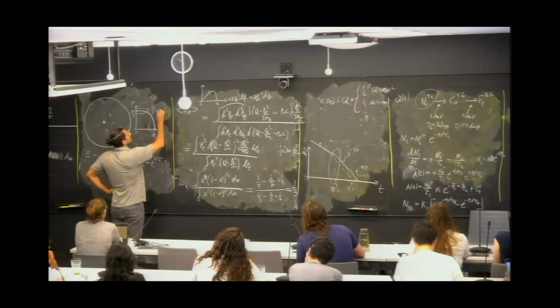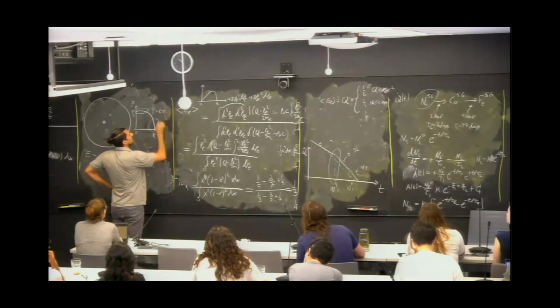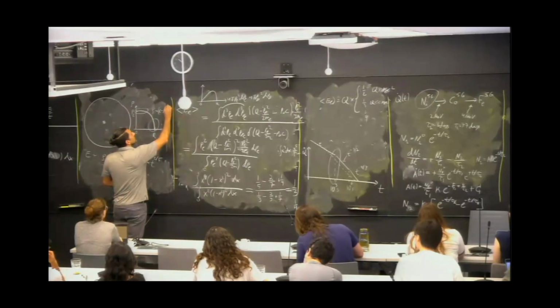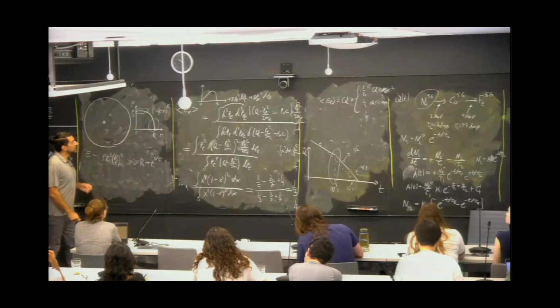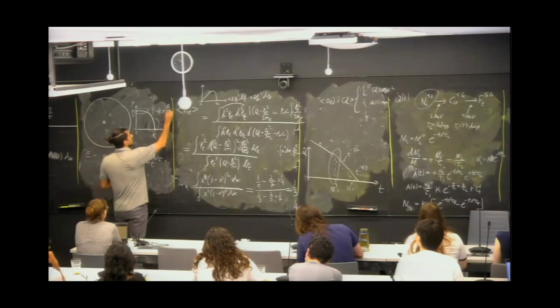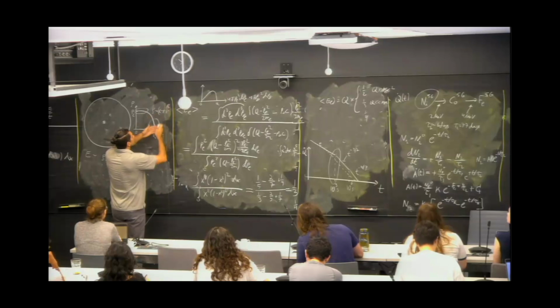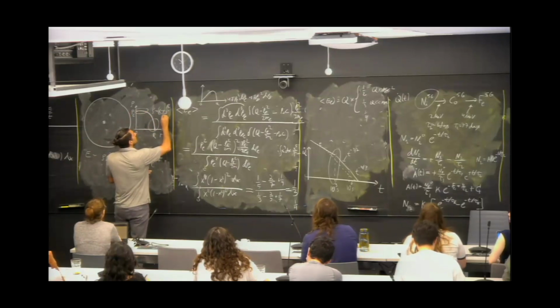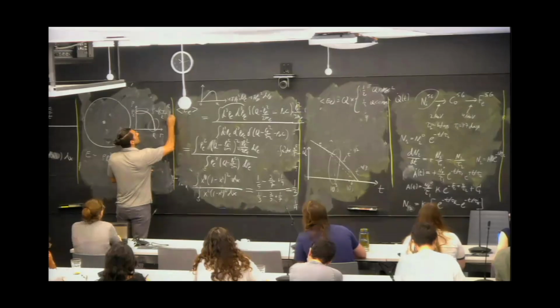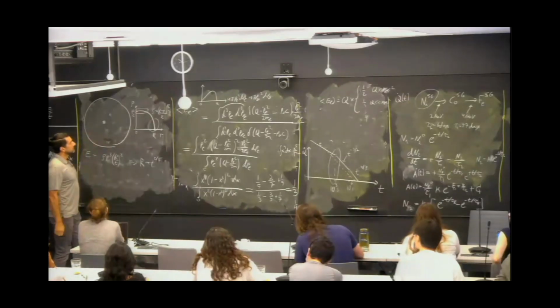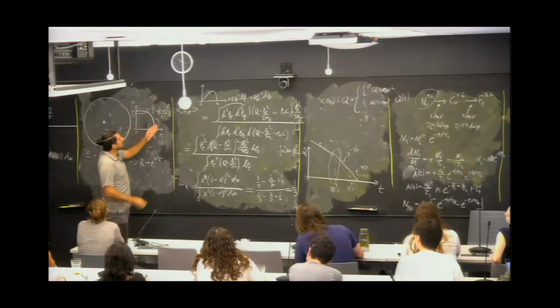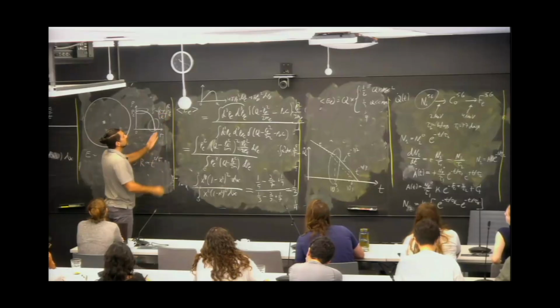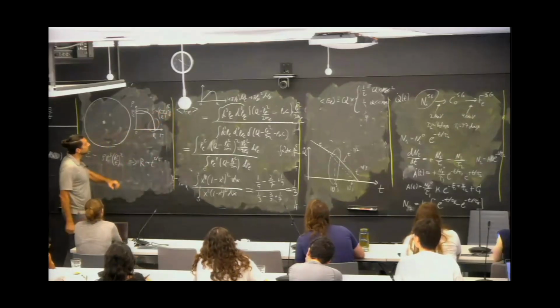So rho goes like the distance from the edge to some power, usually called n. You can also fix the coefficient if you want, because we know the central density. If you extend that power law all the way to the center, then at the center this is 1, and therefore the coefficient is rho c.